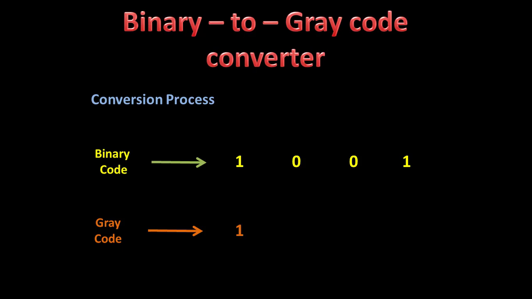Then we add the first number 1 with 0, so 1 plus 0 is of course 1. Then to get the next bit, we add 0 with the next digit. So 0 plus 0 is 0, and then 0 plus 1 is 1. This is how we get the gray code from the binary code.